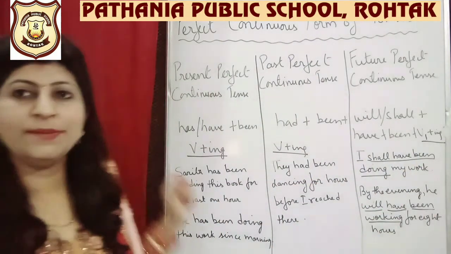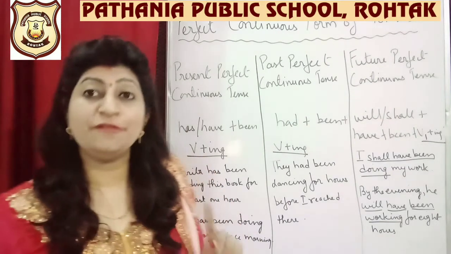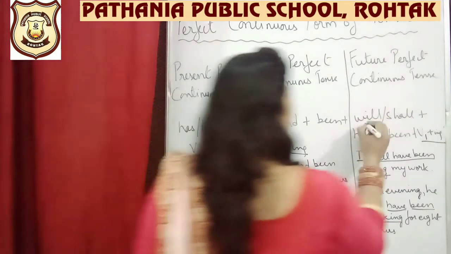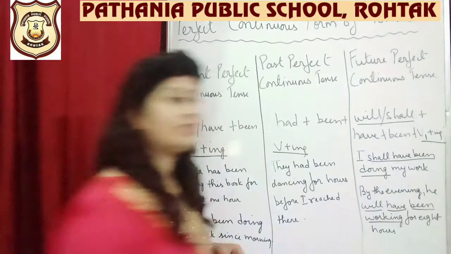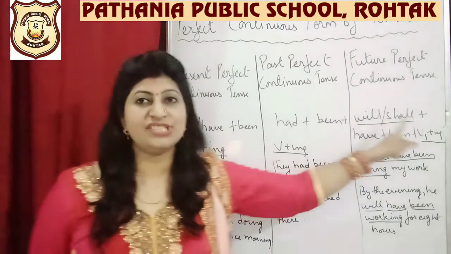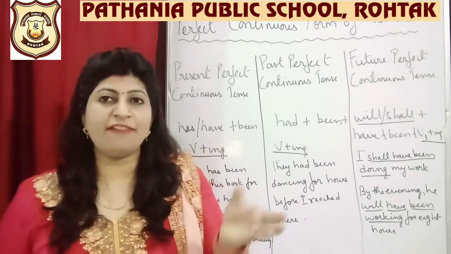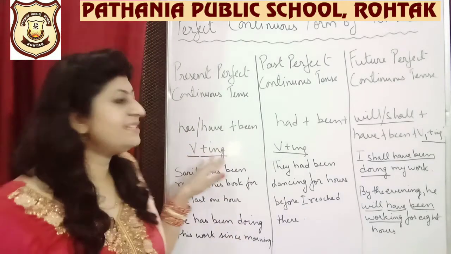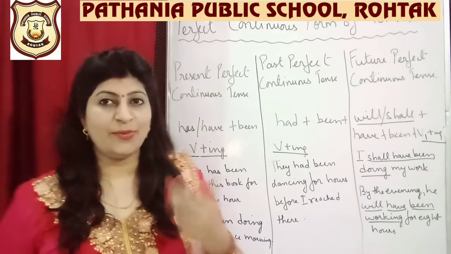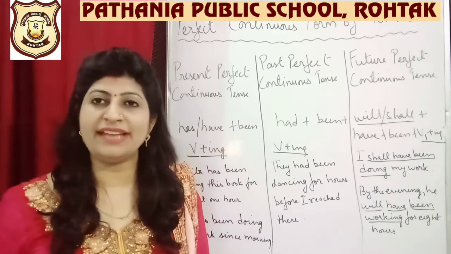I have told you, wherever you see future, you have to write will, shall. So I have written will, shall out there. Now from the continuous we have picked the V plus ing. So what are we going to pick from the perfect?